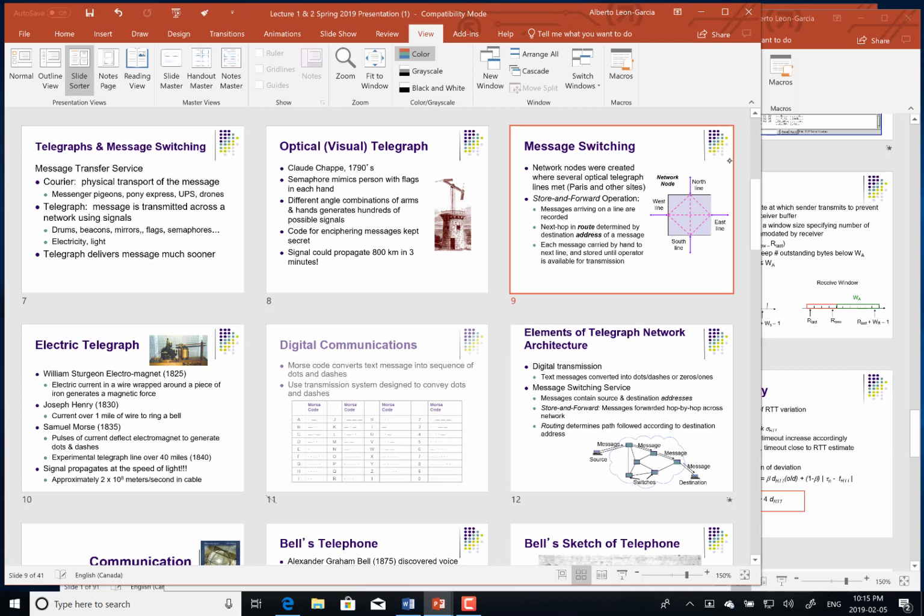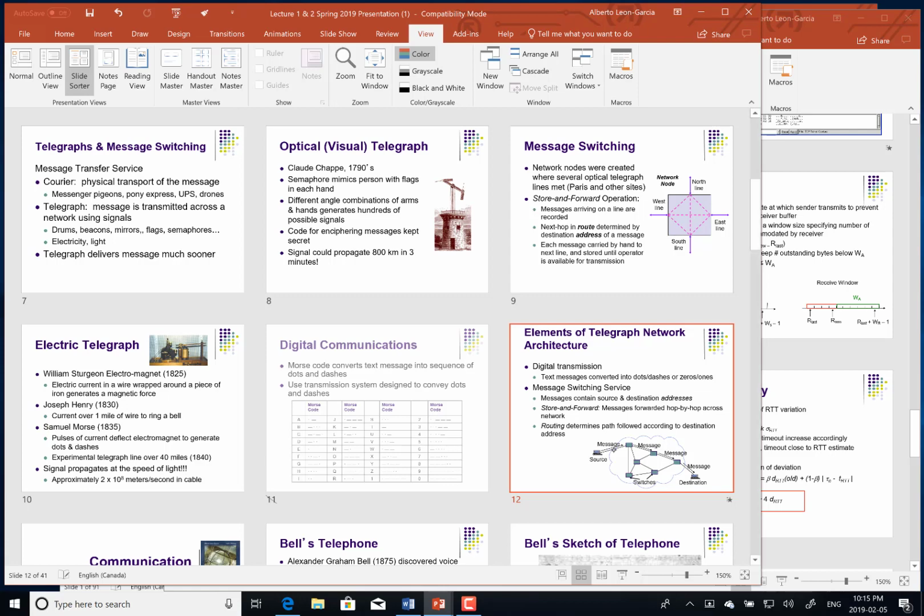And it appears later in the context of packet switching networks. Okay, so the elements of the telegraph network was a service which involved the switching of messages from inputs to outputs. This required addressing, source and destination addresses.